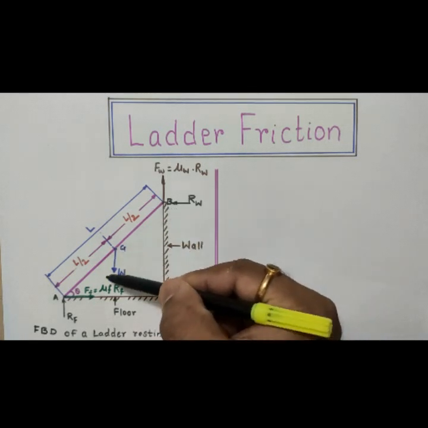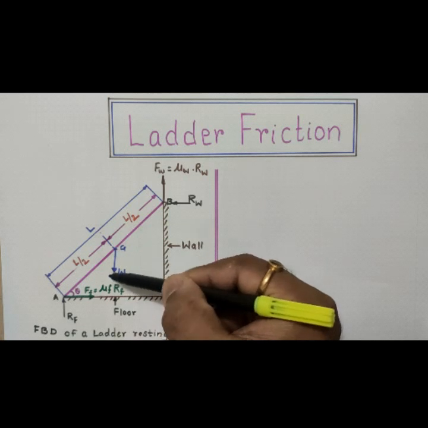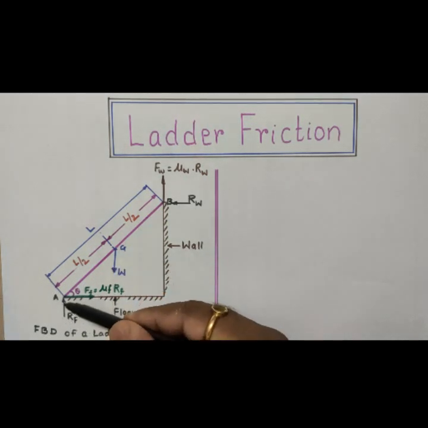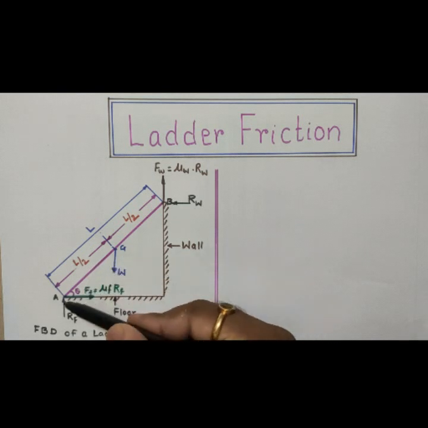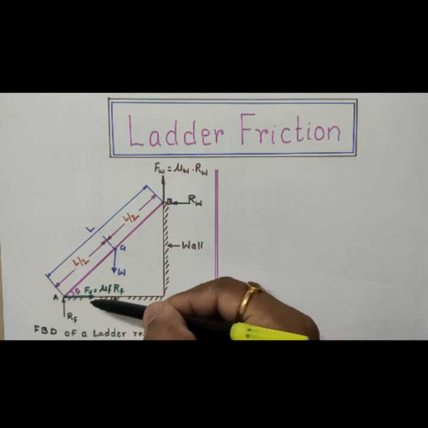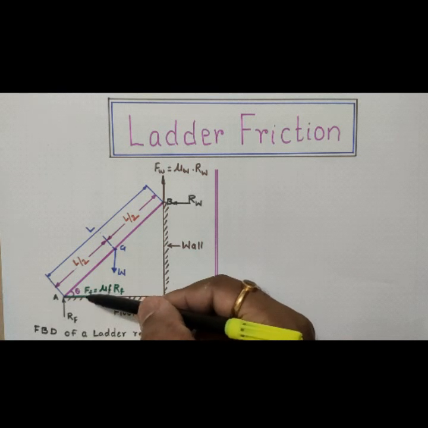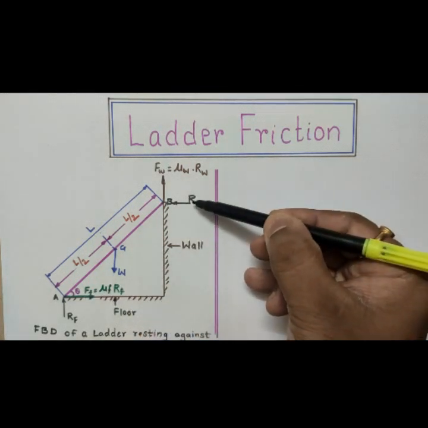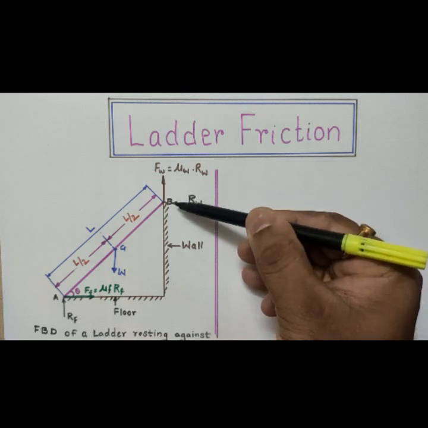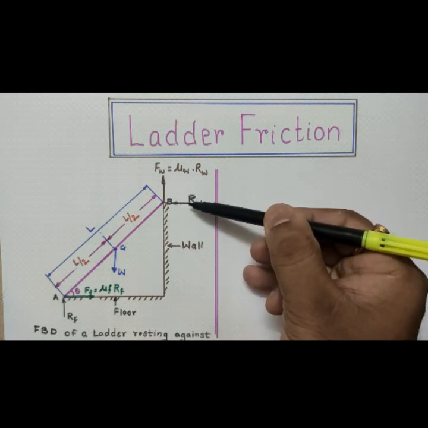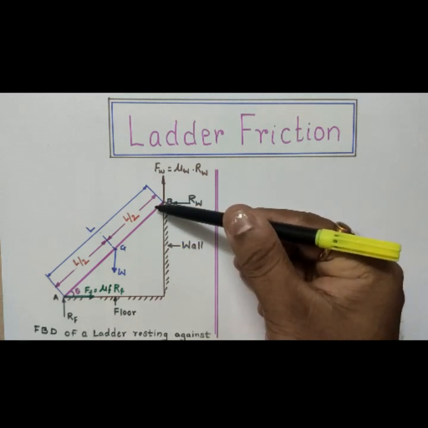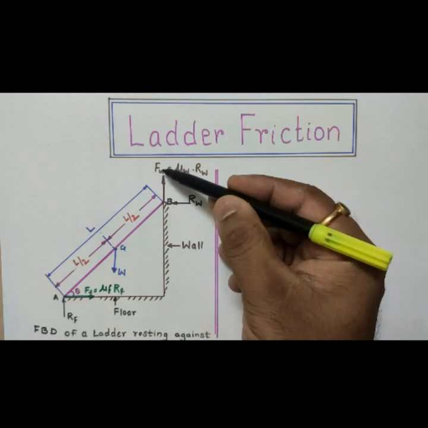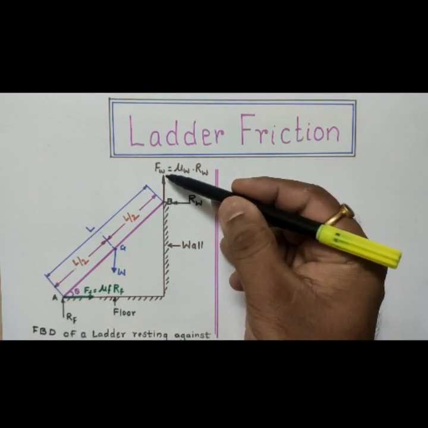The weight of the ladder W in the downward direction, the normal reaction Rf offered by the floor to the ladder, then the frictional force between the ladder and the floor, Ff, Rw, that is the normal reaction offered by the wall on the ladder, and the frictional force Fw.